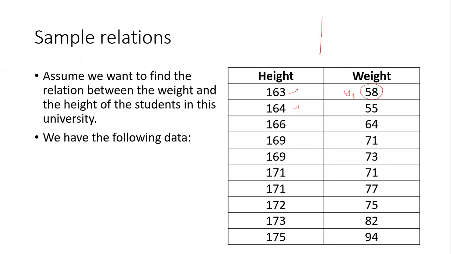So it's the 163 here, and this is 58, right? This is the first data. So this is y1, the weight of the first observation, and this is x1. This is x2, this is y2, this is y3, this is x3, and so on and so forth. That's great.